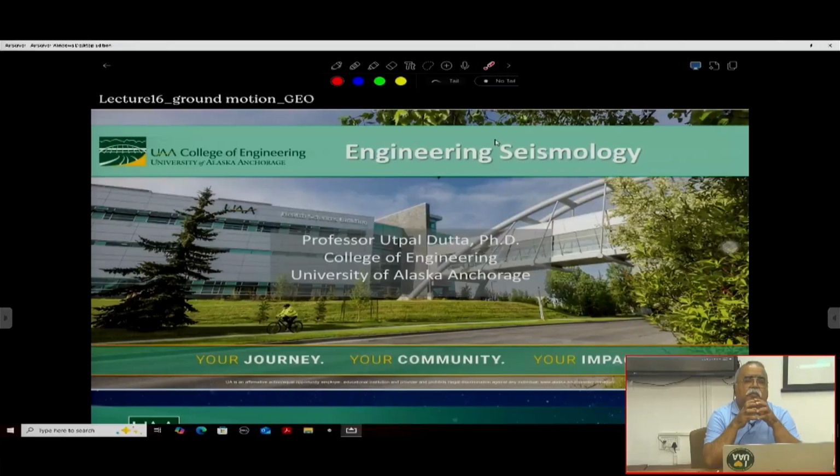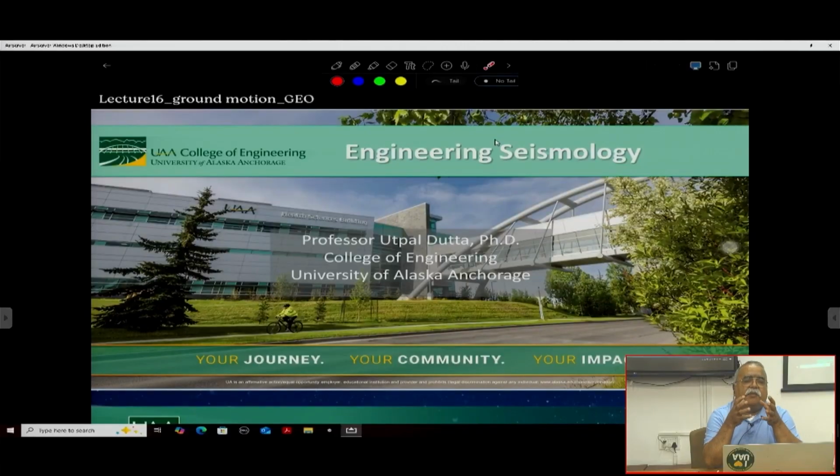Now, what do we mean by transfer function? If there is a soil column with a rock underneath, we assume that the earthquake has happened in the rock, and when it is transferred to the soil, there will be some change in amplification, right? That is what we call the transfer function. If you know the soil transfer function, you do not need to know many other things.